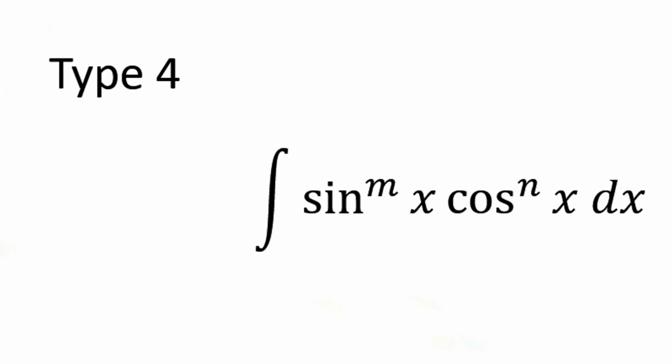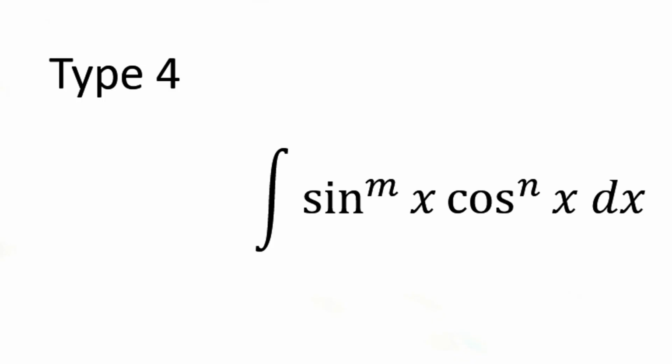In type 4, we have the integral of sine raised to m x cosine raised to n x dx, where both m and n are positive even integers, so we cannot use the formula of type 1. Instead, use sine squared x is equal to 1/2 multiplied by 1 minus cosine 2x, and cosine squared x is equal to 1/2 multiplied by 1 plus cosine 2x.